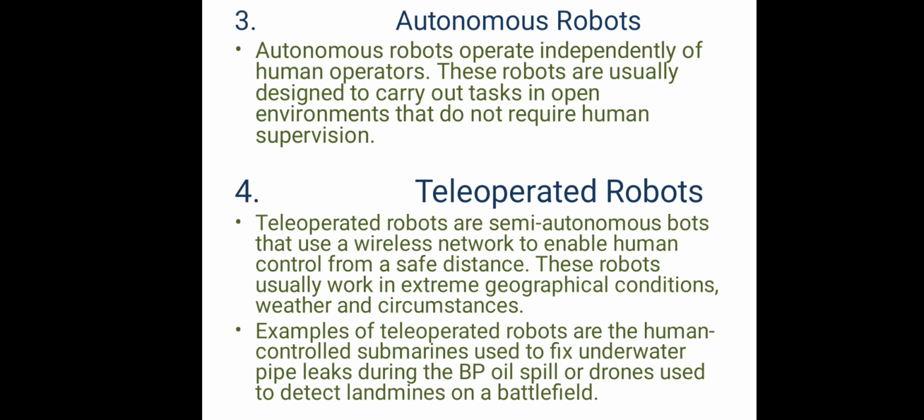These are semi-autonomous robots that use a wireless network to enable human control from a safe distance. Examples of teleoperated robots are the human-controlled submarines used to fix underwater pipe leaks during the BP oil spill, or drones used to detect landmines on a battlefield.